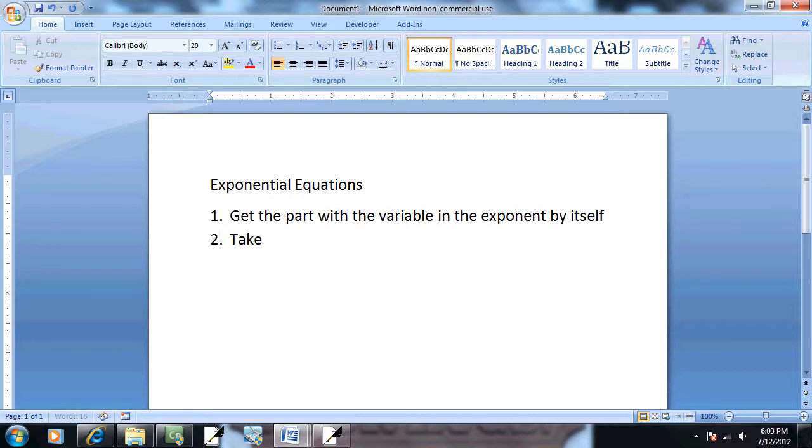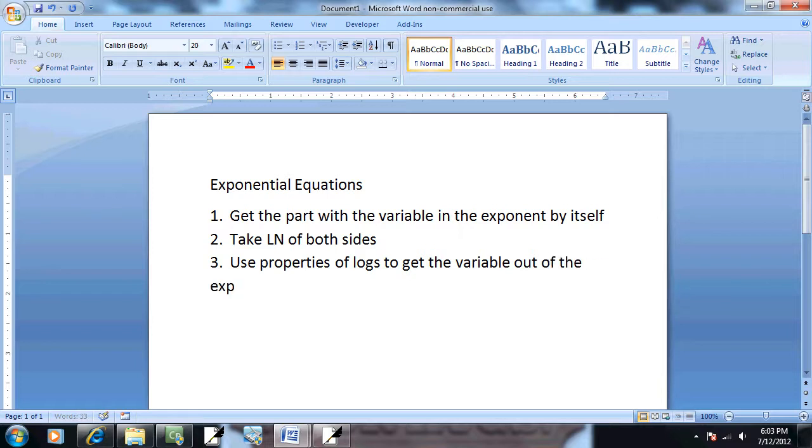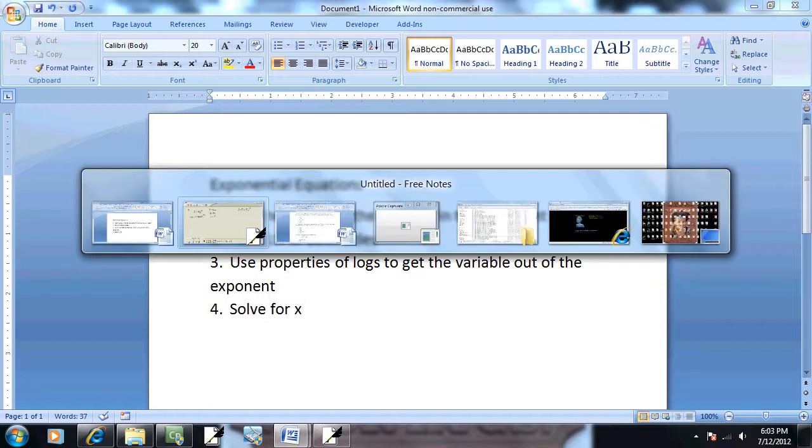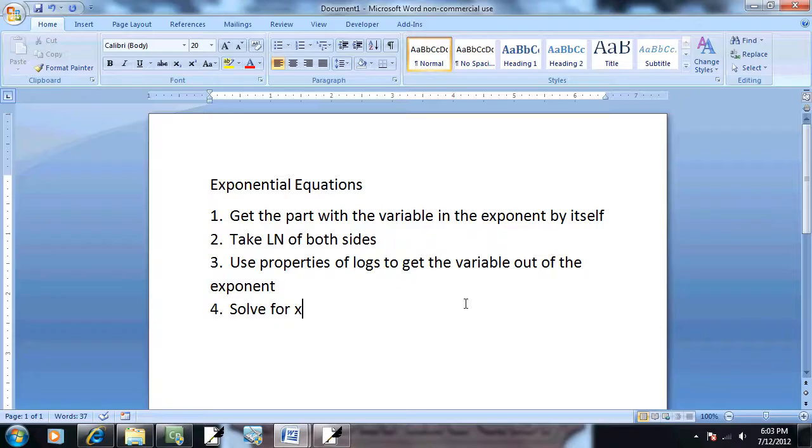Step 2, take natural log of both sides, ln of both sides. Step 3, use properties of logs to get the variable out of the exponent. And step 4, solve for x, or whatever variable you have. So let's use these steps to solve this problem.